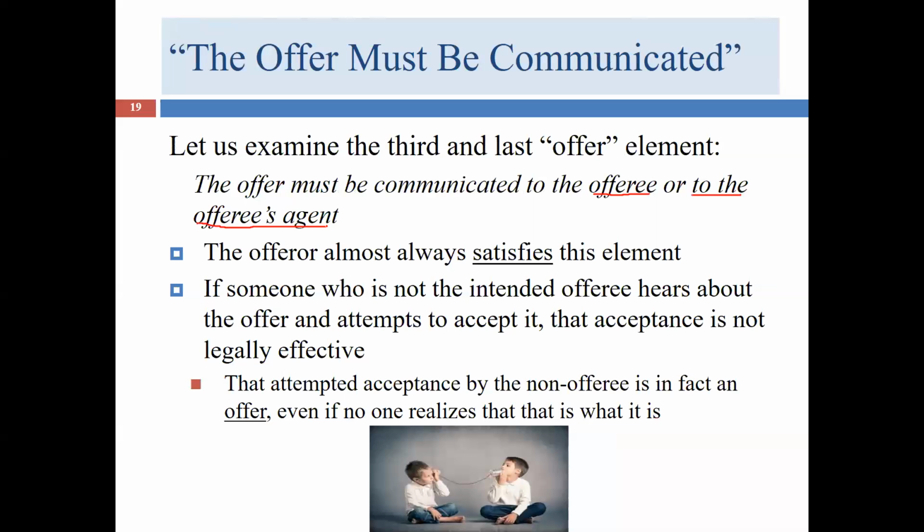So if I'm the buyer of Bob's house, I'm not going to call up Bob and say, "Hey Bob, I'm willing to buy your house for $207,000." No, instead, I tell my real estate agent I want to extend an offer to Bob to buy his house for $207,000. Then my real estate agent communicates it to Bob's real estate agent.